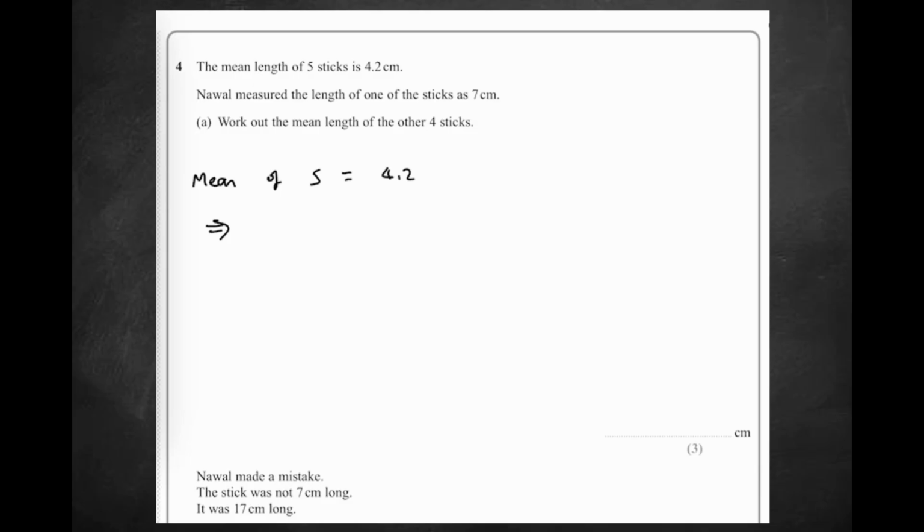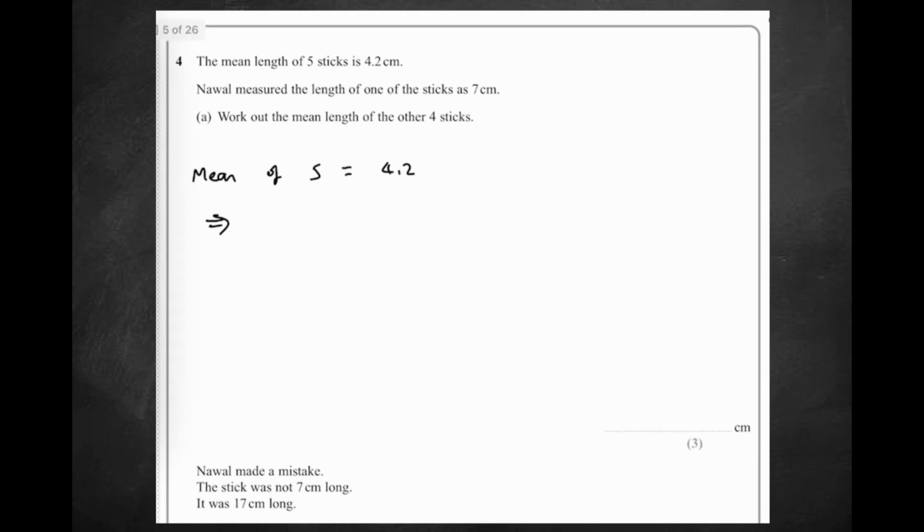To work out the mean, you take the total of all the lengths of the sticks added up divided by how many you have. So total divided by 5 equals 4.2. Rearranging this, the total equals 4.2 times 5, which is just 21.